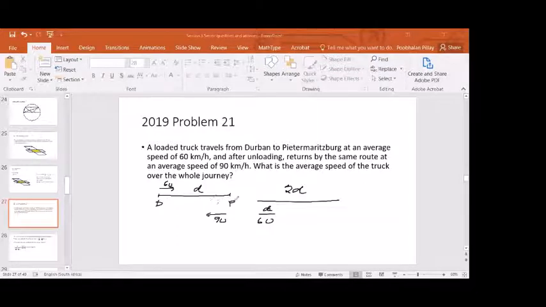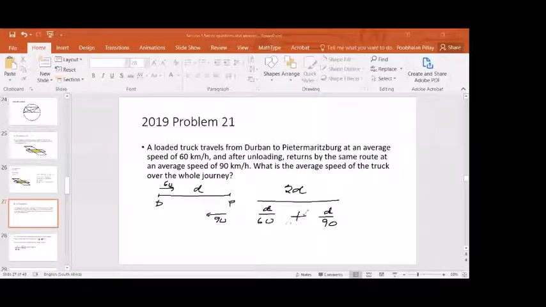I live in Durban, so this is the down journey, we call it. But it's still traveling the same distance, but this time it'll take a shorter time because it's traveling at 90 km per hour, and it'll be d divided by 90. So the total time that it takes is that, and that is the average speed.